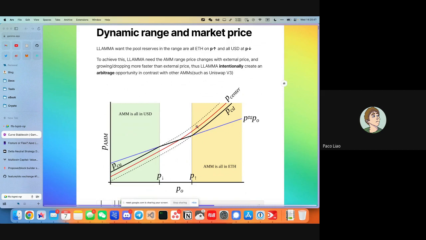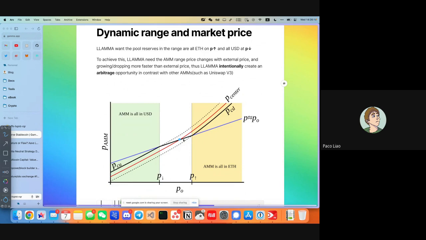So, for example, let's say the red line is the market price of this range. Let's say we started here, where the external price is equal to the market price. So there is no arbitrage opportunity, because the external price is equal to your market price in the pool.